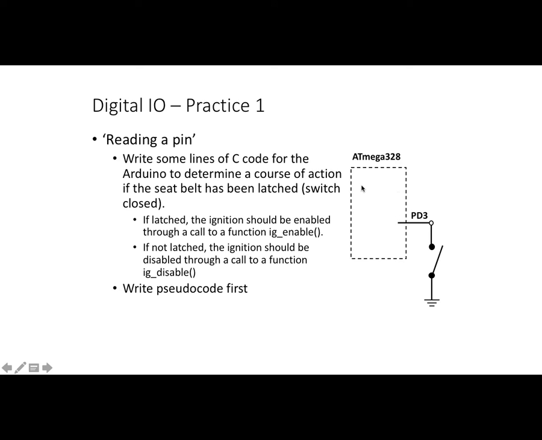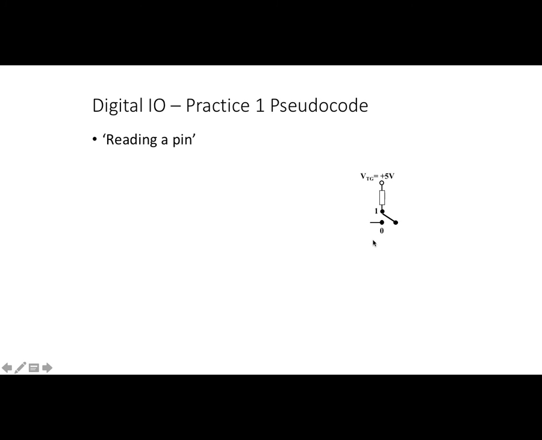And we may recall the idea of having pull-up resistors in order to be able to get a voltage for when you close this switch. When you open the switch, this voltage here on PD3 is going to look as though it's 5 volts. When you close the switch, it'll look like ground.